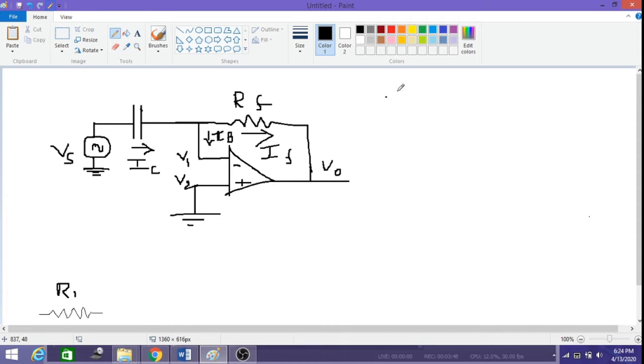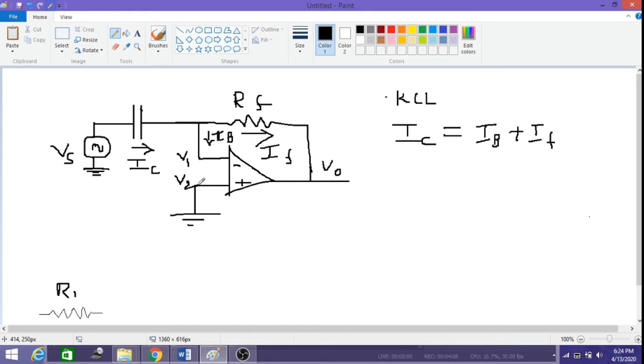If I apply KCL, we know that the incoming current should be equal to the outgoing current at any node. Therefore IC is equal to IB plus IF.